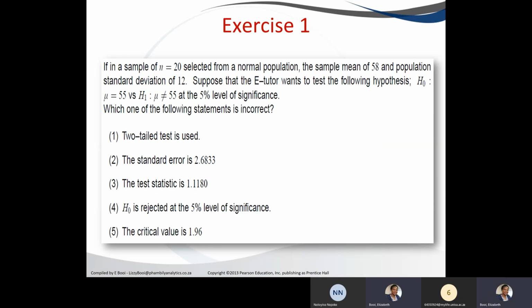Looking at this example, I am going to do it for you because I have run out of time.